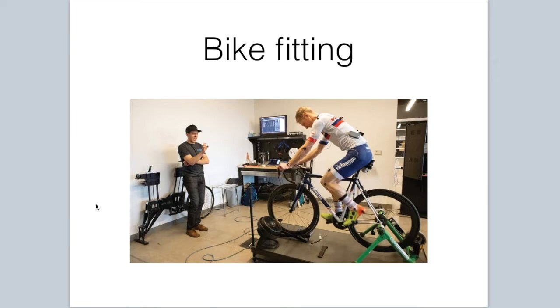So bike fitting is basically such that the bike is fitted to the user. Depending on the length of the different parts of your body, mainly the top half, because it affects where you will place your hands. Disclaimer, I'm not an expert in bike fitting.